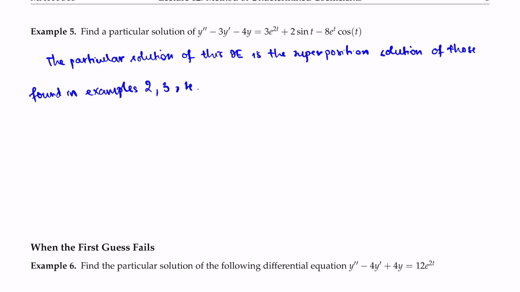Okay, so instead of solving a problem with a complicated right-hand side, it is more manageable to solve 3 different smaller problems for their particular solutions, then use the principle of superposition to combine the particular solutions. So that's the message I want to send.